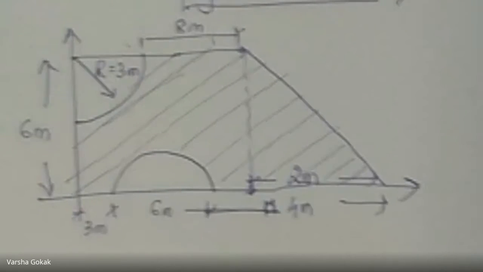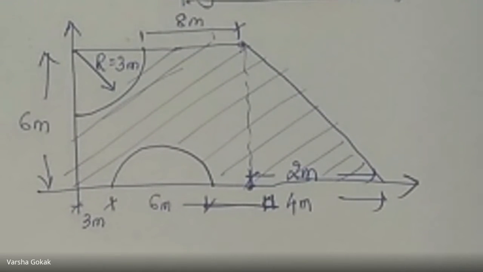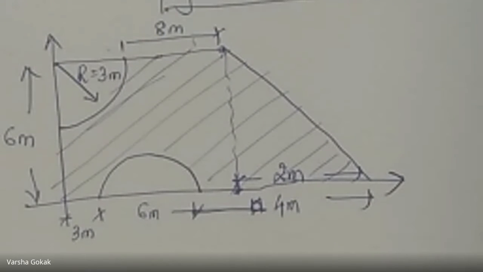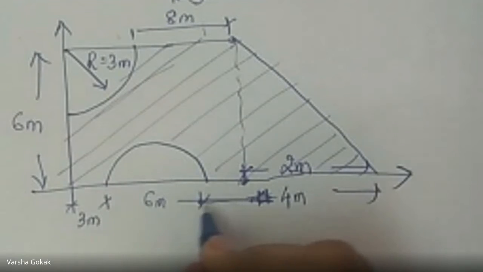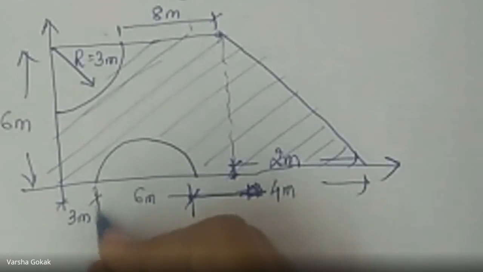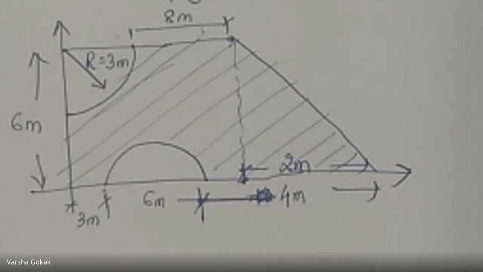How many geometrical figures are there? Ma'am, 4. 4. Which 4, Shirish? A triangle and a square and a semicircle and quarter circle.